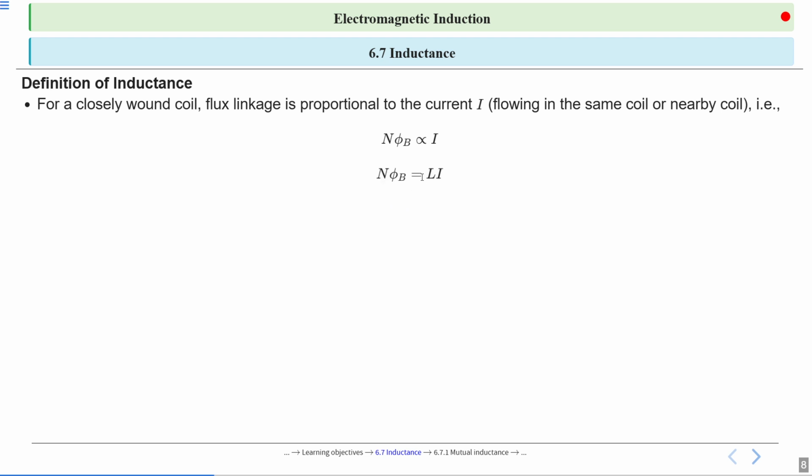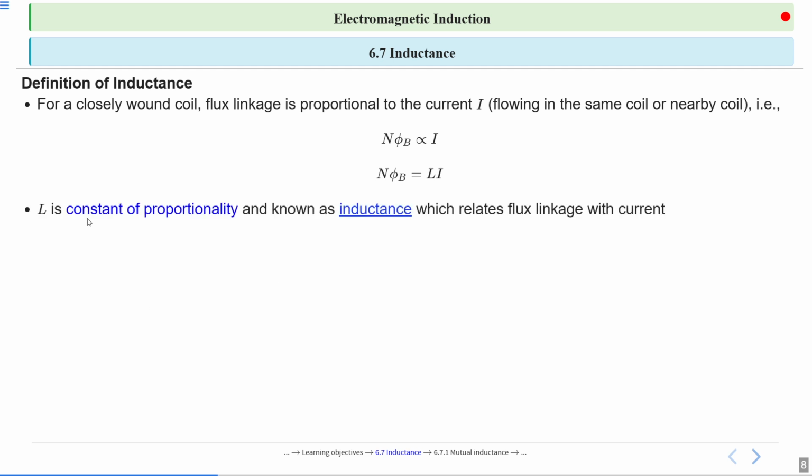So n phi b will be equal to LI, and this L is the constant of proportionality, which is known as inductance also. Okay, L is constant of proportionality and known as inductance, which relates flux linkage with the current. L is a scalar quantity, inductance is a scalar quantity, and its SI unit is Henry, and it is represented by H, capital H. Okay, got it?